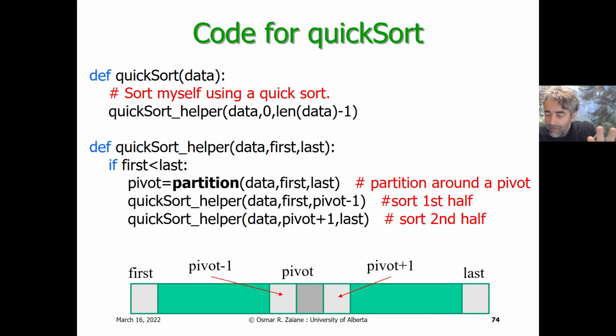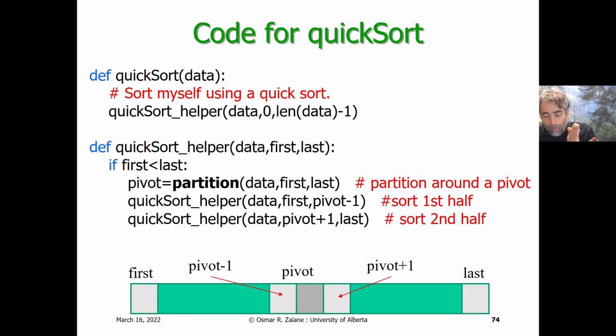I'll leave the pivot in the first position, in the waiting room, and I start partitioning the rest of the section from position 1, so first +1, until the end.